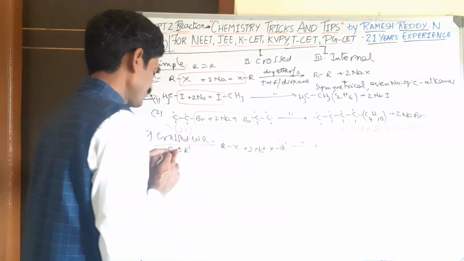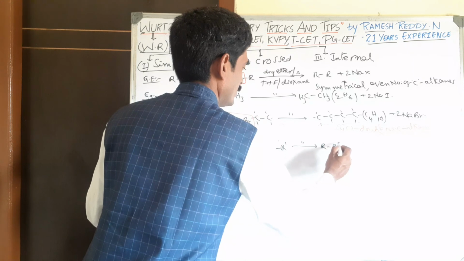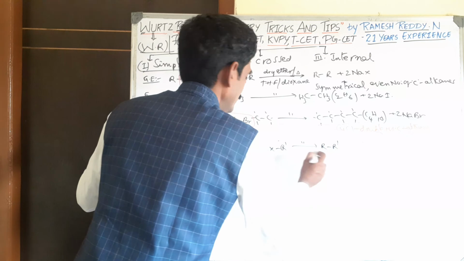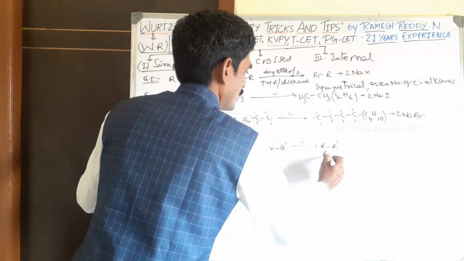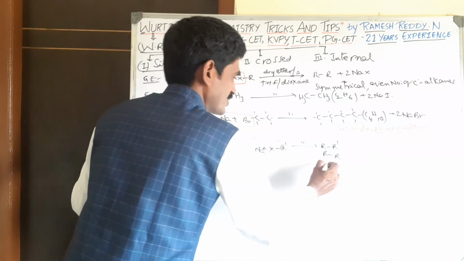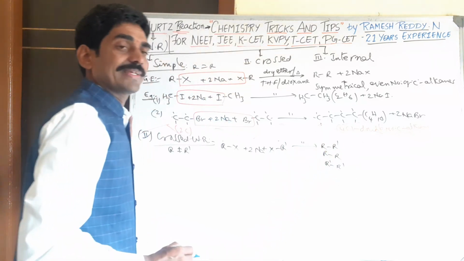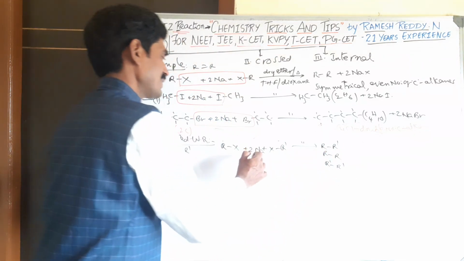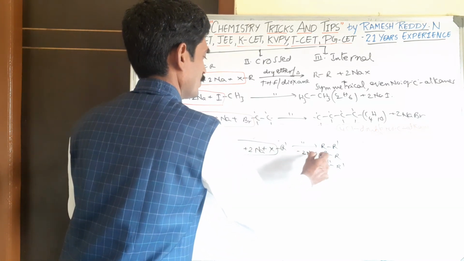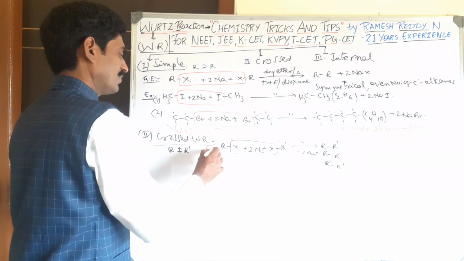Then you will get R combined with R dash, or the RX, 2 moles, undergoes self-Wurtz reaction and you will get R-R, or the R'X, 2 moles, combine together and you will get R'-R'. You will get 3 products, removing NaX. This is the general equation. Okay, we will take one example.